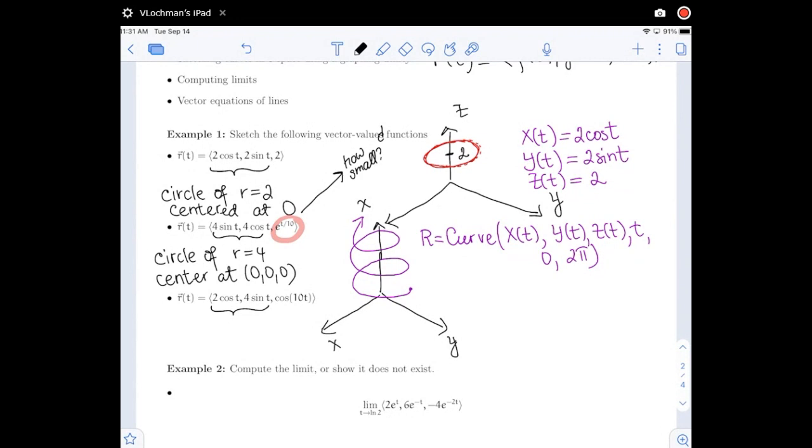What is that object? Can you think of a name for that? It starts with an E.